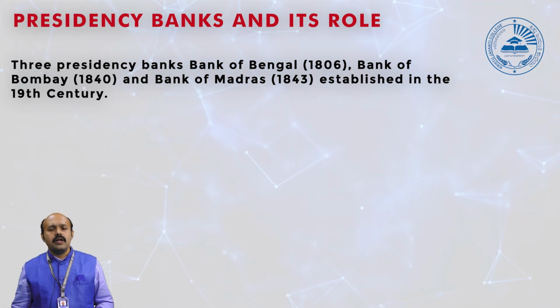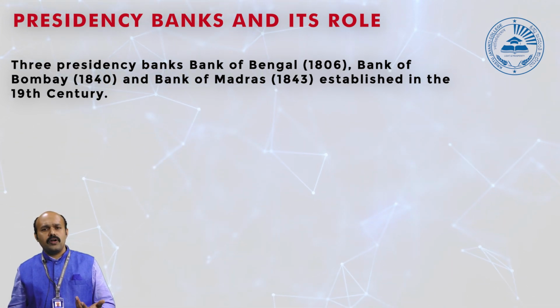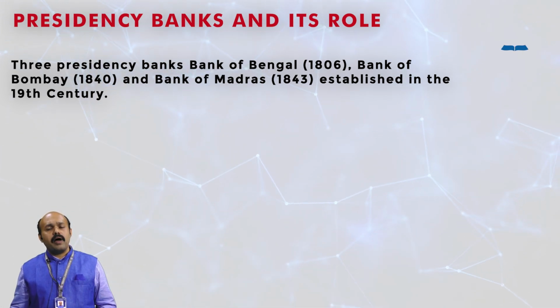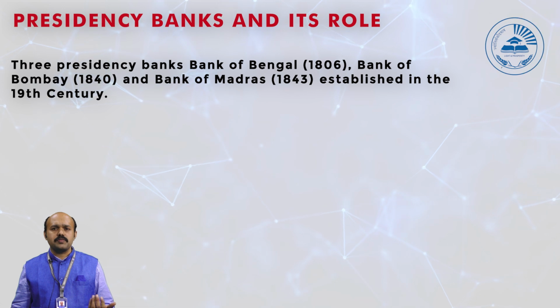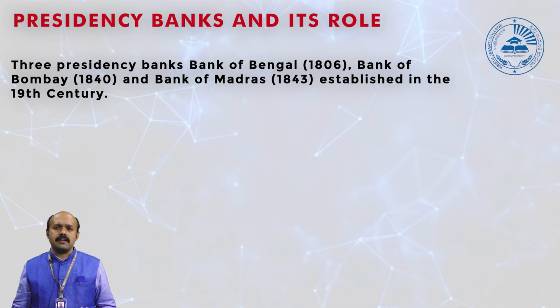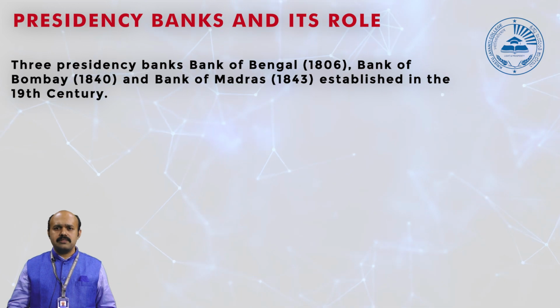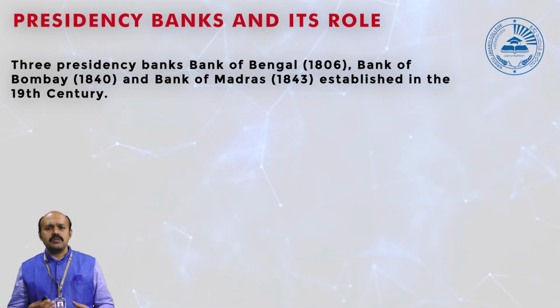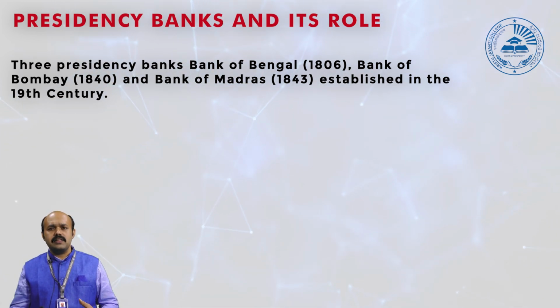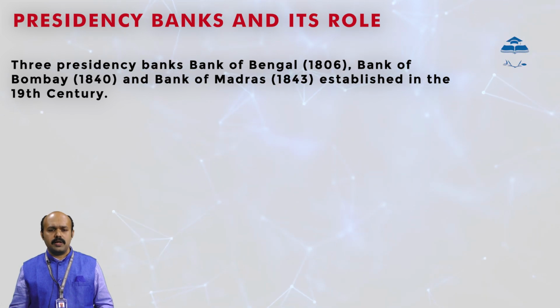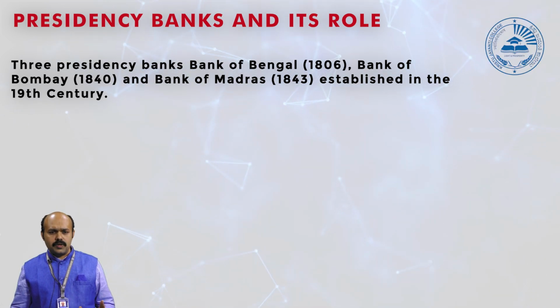Bombay, as you know, is basically famous for cotton. And finally, Bank of Madras, especially famous for its Salem steel and spices. So with regard to the places and the commodities, there was a need for banks, and these banks basically sprouted up in the 19th century.